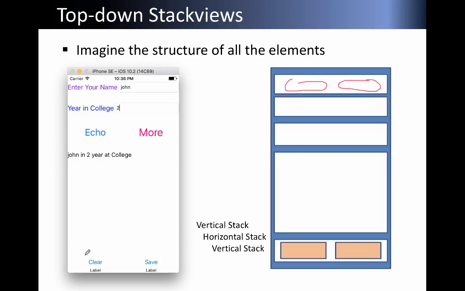Same thing here at the bottom, you may have one horizontal stack. That horizontal stack contains two elements, and each element has a vertical stack. So in this vertical stack, you have two elements. Okay, so the upper one is called clear, and the bottom one is a label, all together in the vertical stack.